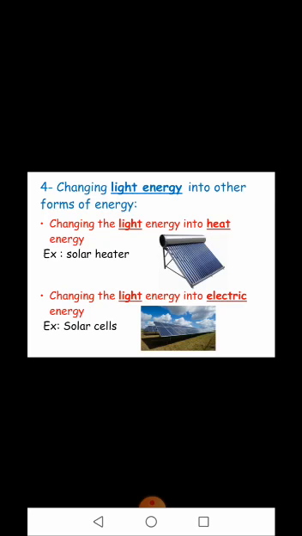And changing light energy into electric energy, for example, solar cells, because the solar cells use the light of the sun to change this light into electric energy to light your homes.